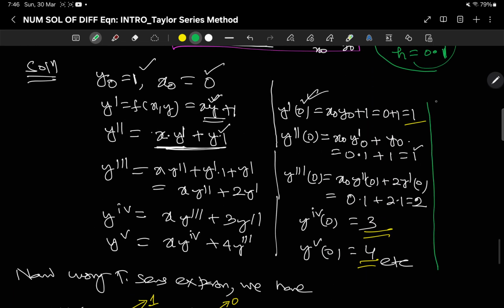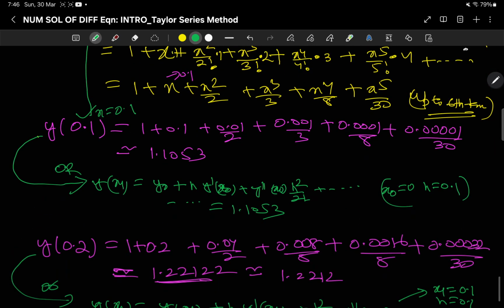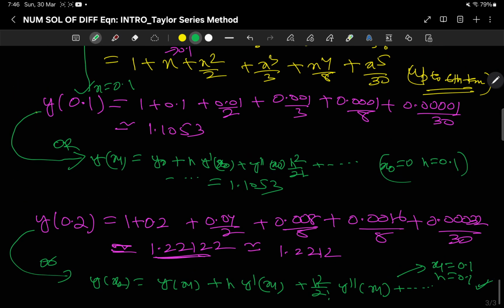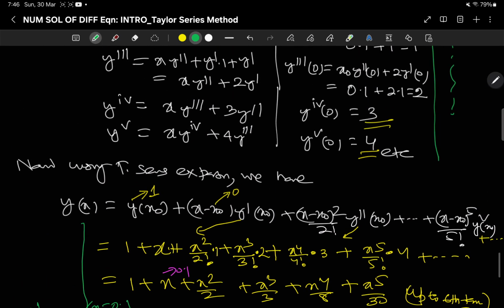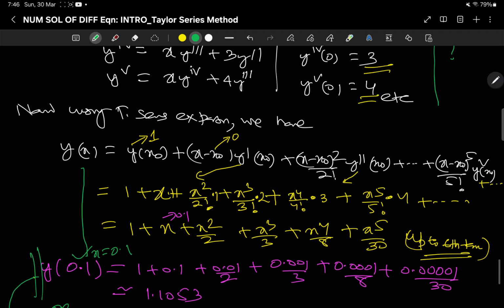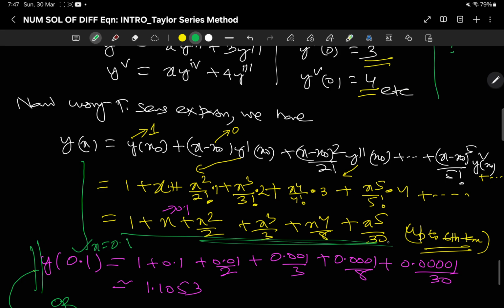I have to recalculate what is my y dash 0.1, what is my y dash 0.2, and likewise, and I need to substitute all these values here, and if I simplify it will give me 1.2212. Okay, so you directly substitute the value of x, getting a formula for the Taylor series of this form, or we may have an iterative scheme.